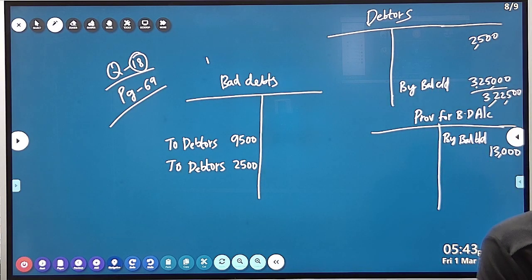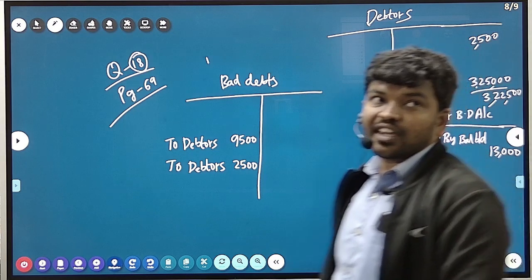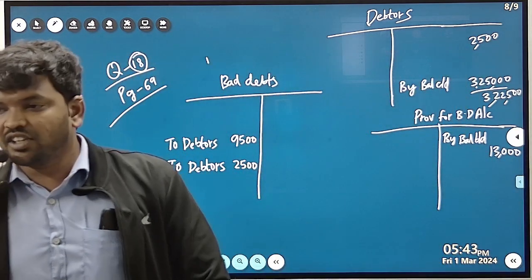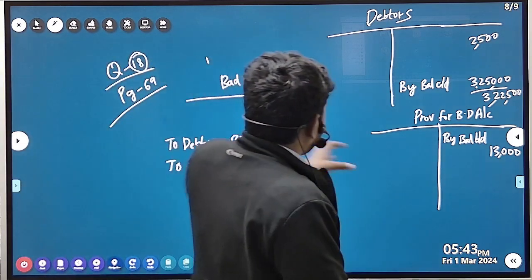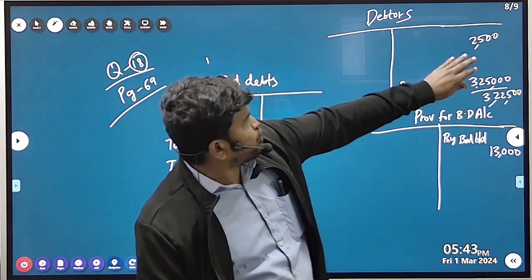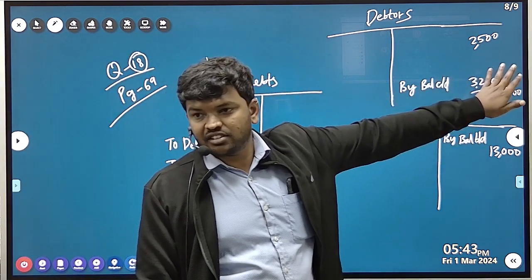The provision for bad and doubtful debts is to be raised 5% on sundry debtors. So what will the provision be? It should be 5%. Okay. Provision is always calculated on closing value of the debtors balance.